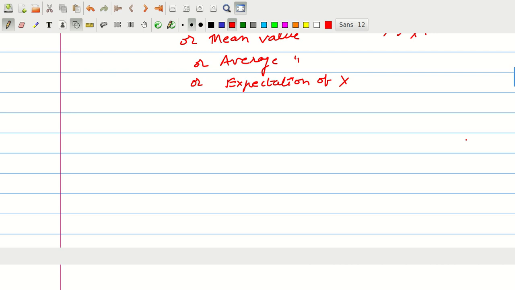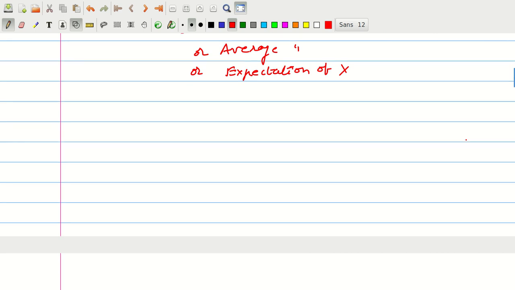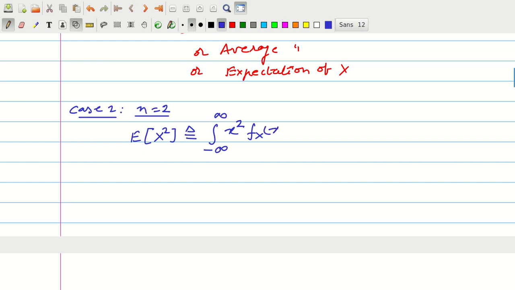Let us look at case 2. Case 2, when n is equal to 2. In this case, we get the second moment of the random variable X, denoted by E of X square, and is defined as integration minus infinity to infinity small x square into the PDF f_X(x) dx.